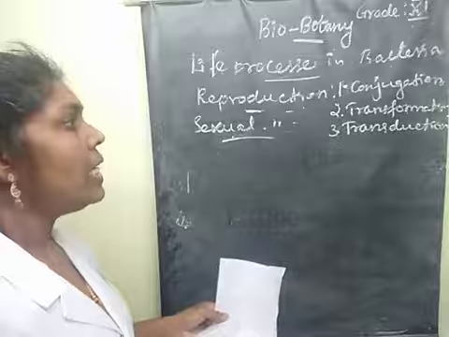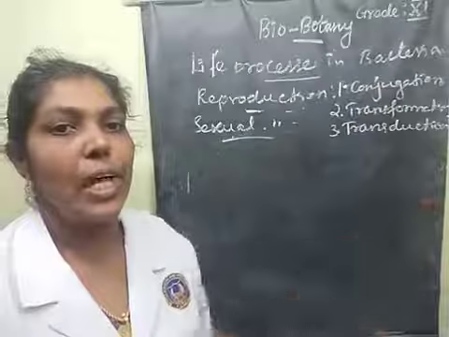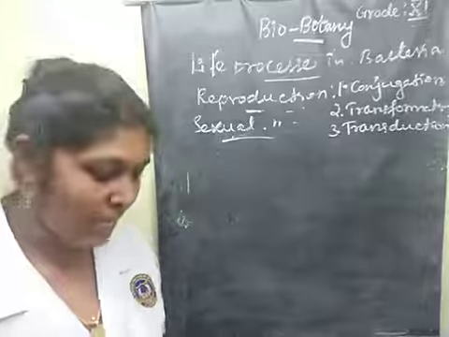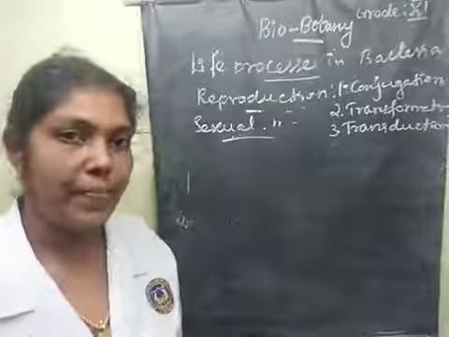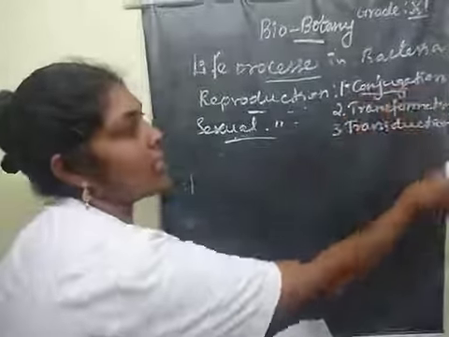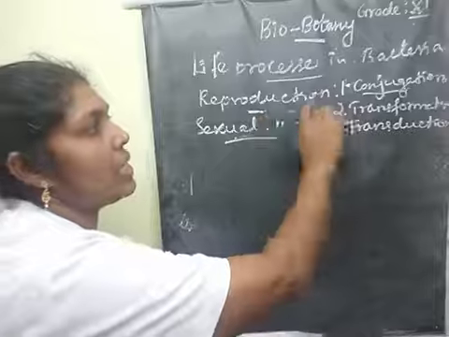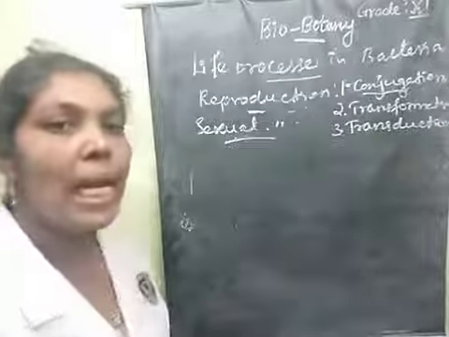Conjugation was demonstrated by two persons, Lederberg and Edward L. Tatum. Clear? They demonstrated conjugation, a type of sexual reproduction in bacteria.